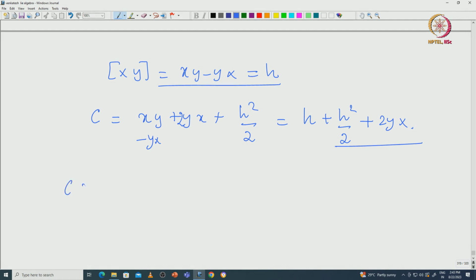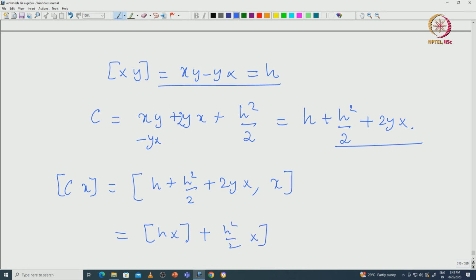So, let us compute what is the bracket C x. So, C x will be the bracket h plus h square by 2 plus 2 y x comma x. So, this is going to be h x plus h square by 2 x plus 2 y x x.